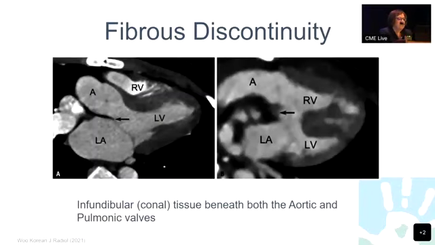The other key feature that many use in the definition of double outlet right ventricle is a lack of fibrous continuity, or fibrous discontinuity, between the mitral valve annulus and the semilunar valve annulus. You can see right here the mitral valve, and the aortic valve starts all the way up here. So there's this fibrous discontinuity.